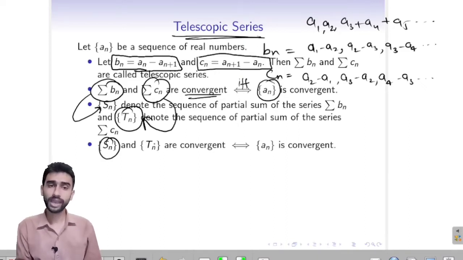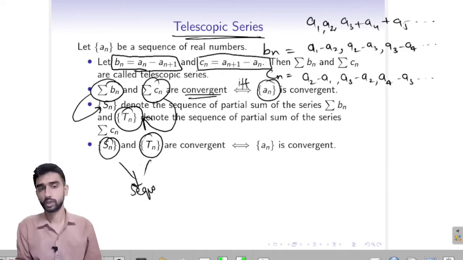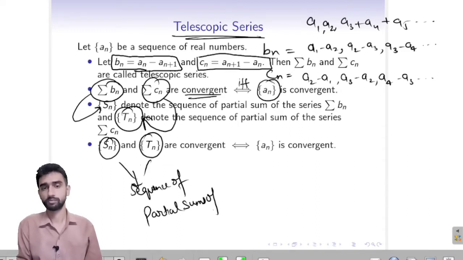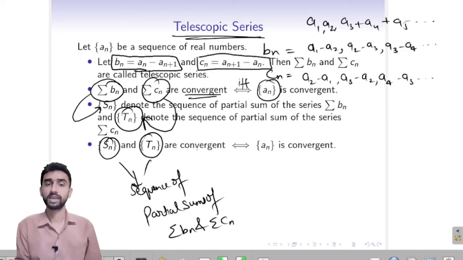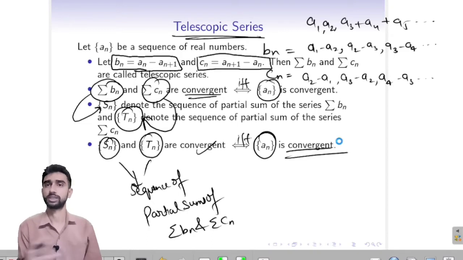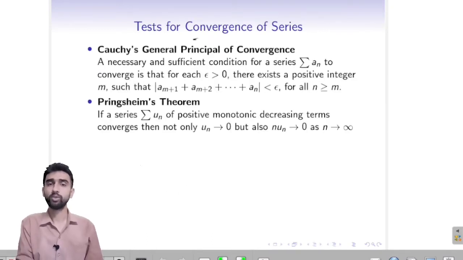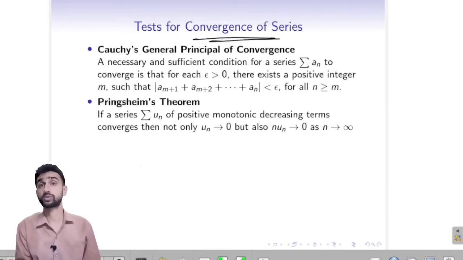So sn and tn are the sequences of partial sums of series bn and series cn. They will be convergent if and only if the sequence an is convergent. So they are related.